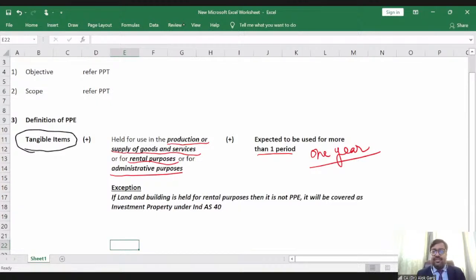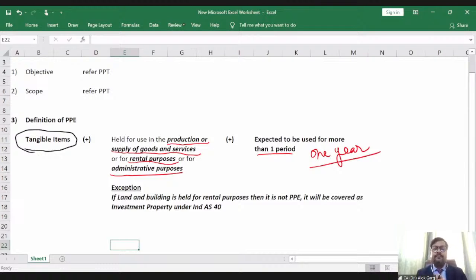I need a chair to sit for 8 or 9 hours in a day to perform my duties. So these furniture and fixtures are held for administrative purposes. So the asset which is used for administrative purposes is again property, plant and equipment, provided it is expected to be used for more than 1 year.